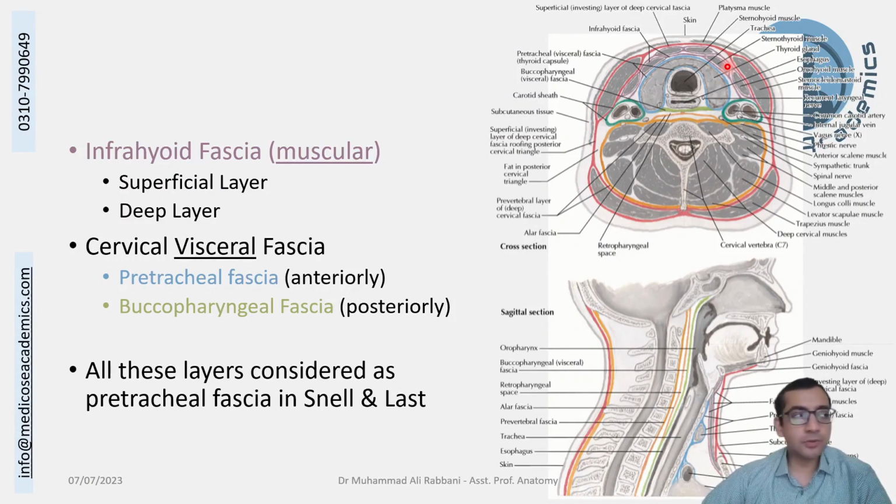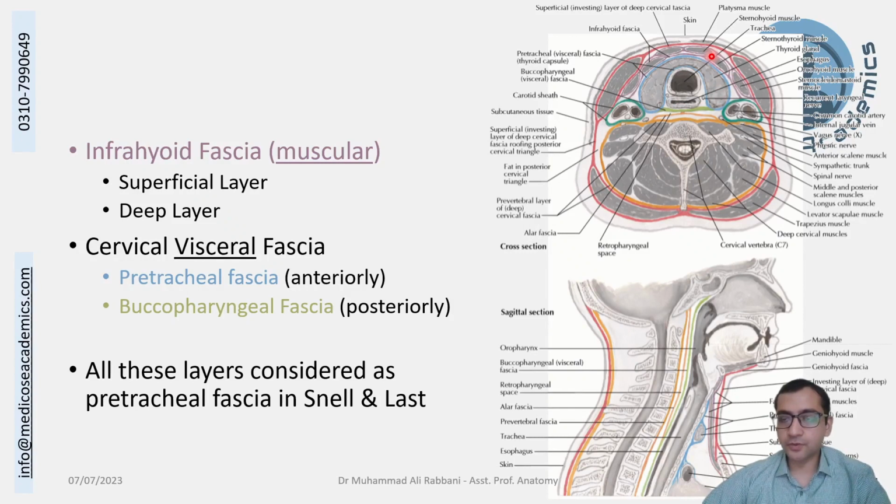I have gone into the detail because most of the atlases that you will view discuss it like this. However, most of the textbooks, because they don't want to overwhelm the student just like I have done right now, mention all of these by the name pretracheal.